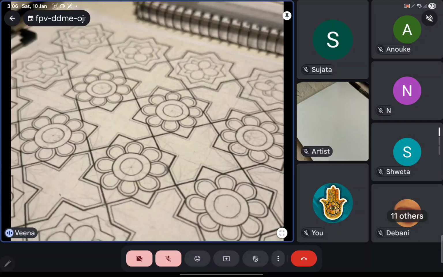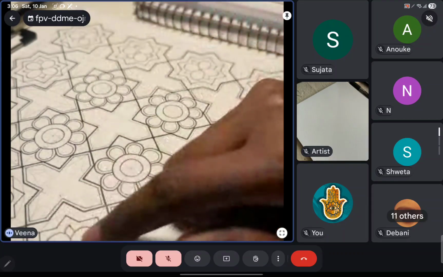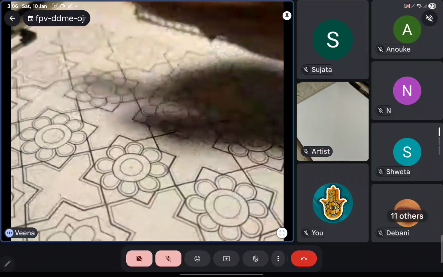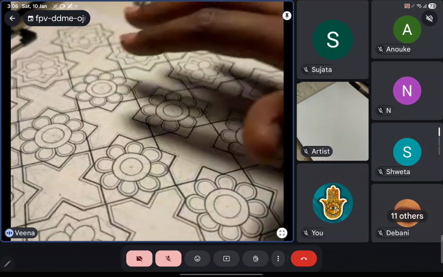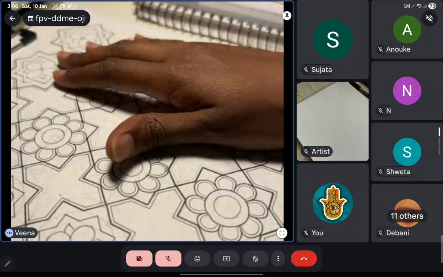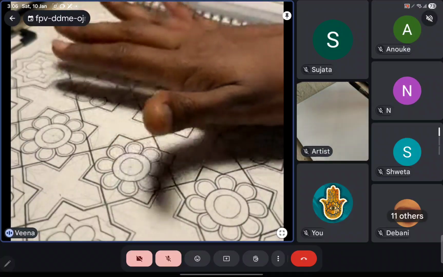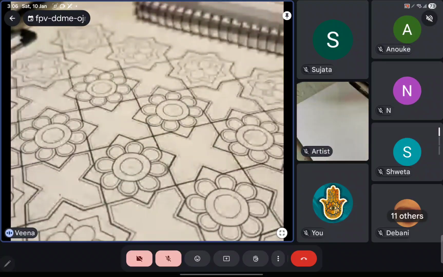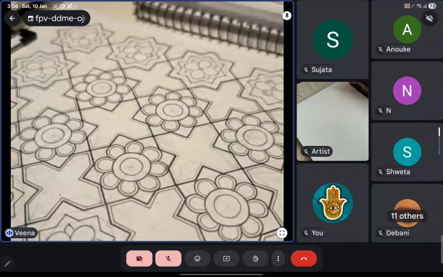Then after that, we will learn a few of these elements over here. I'll tell you what these design elements are and how we draw them. We are going very, very basic here, not going into depth, so don't worry.